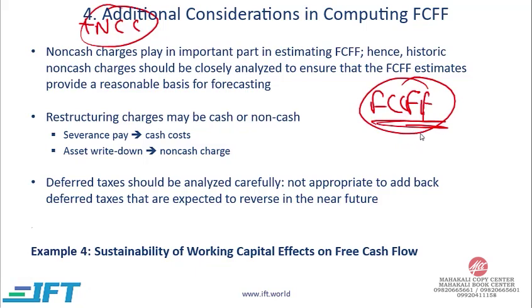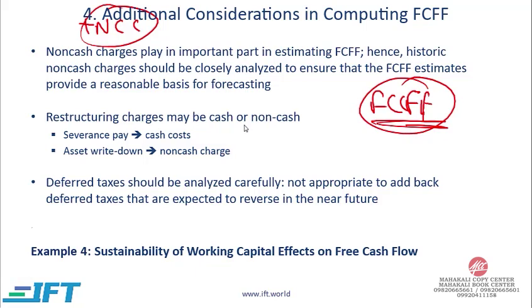So in this estimate, you want to use elements that are sustainable. So if you are dealing with items that are just one-off, they need to be adjusted out of your estimate because your valuation is going to be based on what will happen in the future. So if you are coming up with numbers based on what will happen in the future, then you need to adjust out any non-recurring or non-sustainable items.